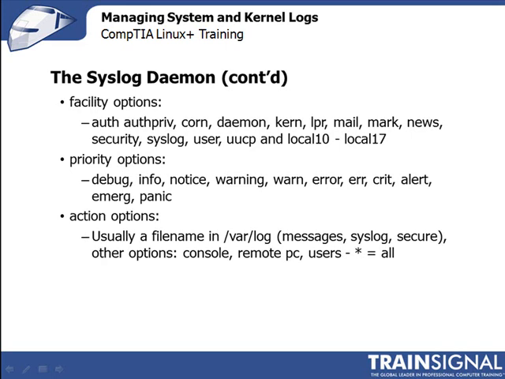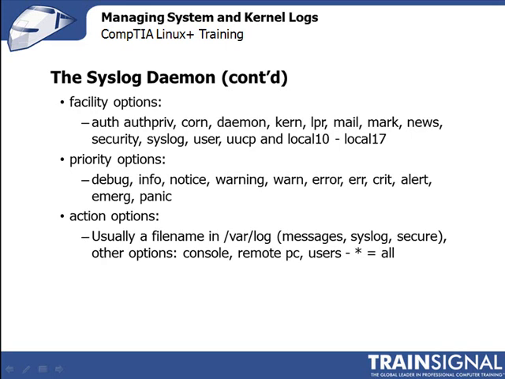Now at last check, error, warn, and panic were deprecated, but this may vary depending on your distribution. And finally we have the action, which is usually a file name in /var/log, and it could be messages, syslog, secure, or some of the others, which include console, remote PC, users, and asterisk, which again means all.